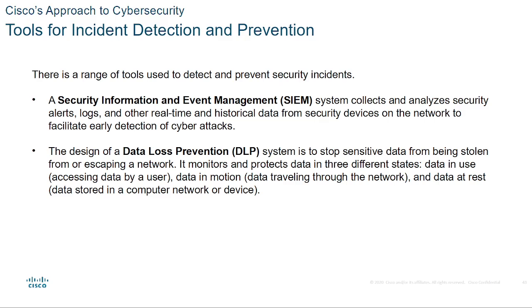When data is traveling through the network, which is data in motion or data in transit. Or when data is being stored on a computer, network, or device, which is data at rest. So data has three states: when it is being processed or used, when it is being transferred, and when it is stored on a device.